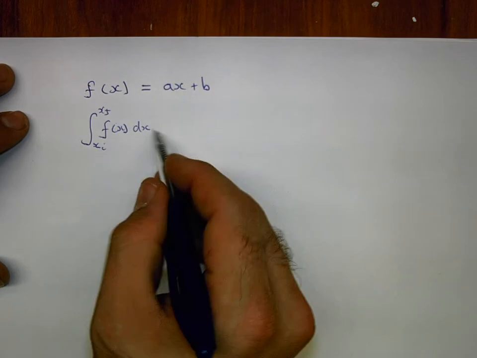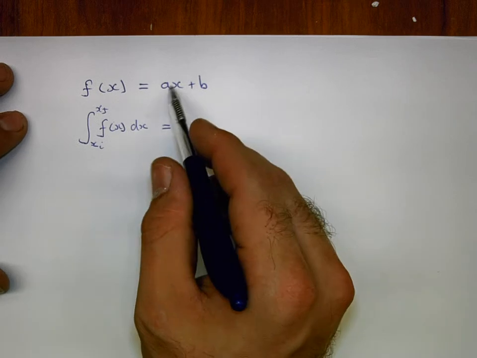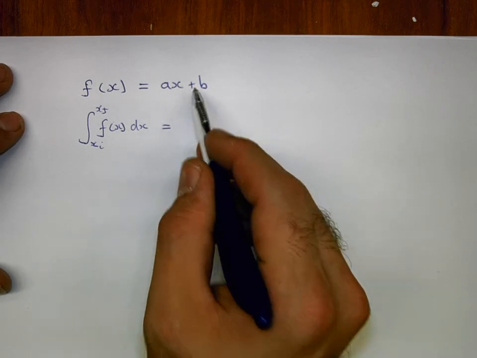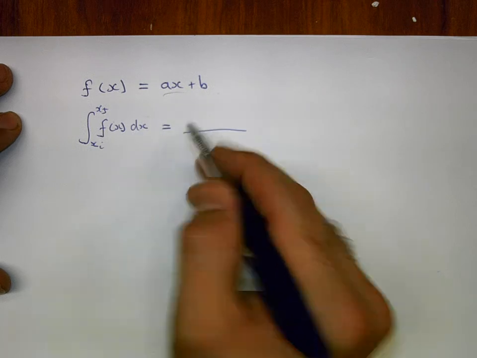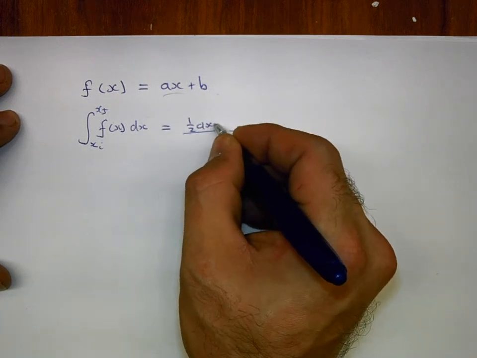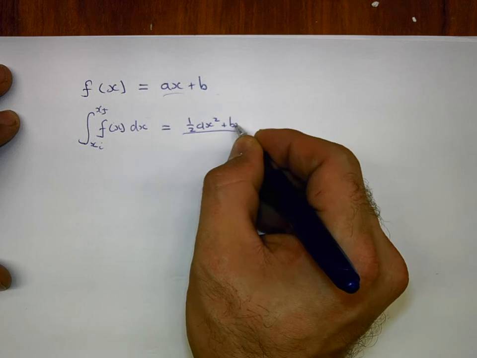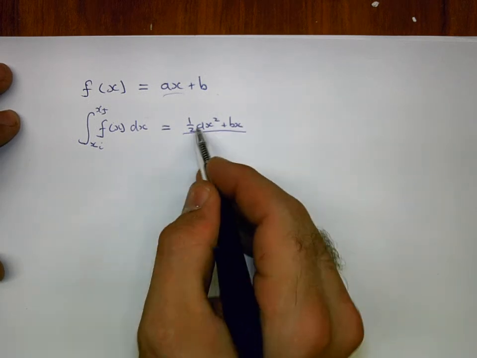How we calculate this is, okay, I know that whatever I write over here, if I differentiate it, I must get this. So if I were to take a half ax squared plus bx, and take the derivative of this with respect to x, I would just end up with that.